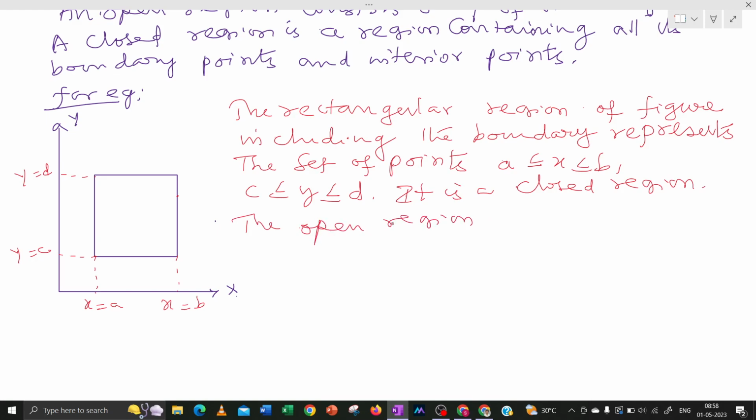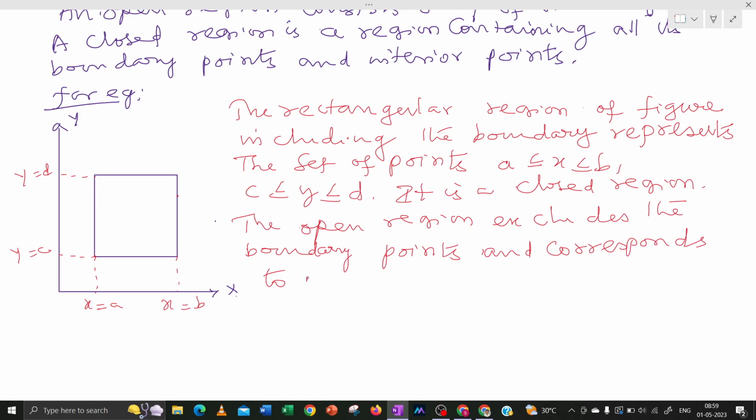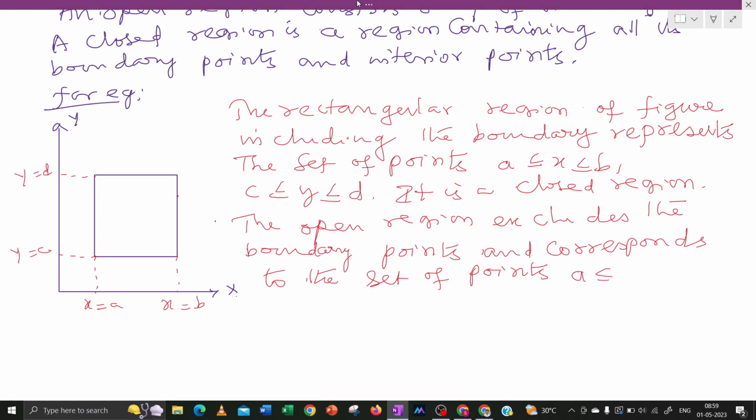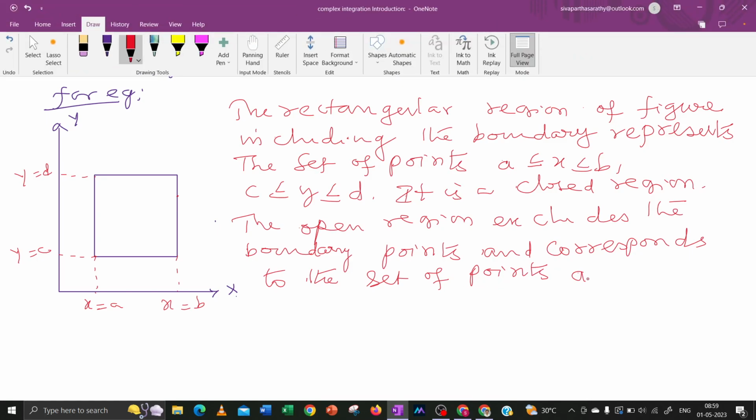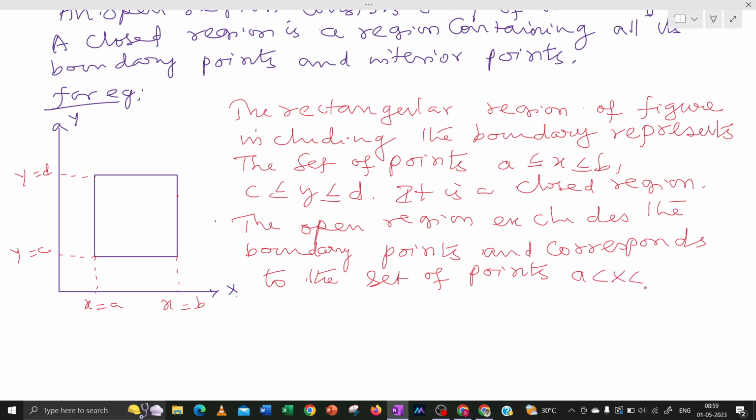The open region excludes the boundaries and corresponds to the set of points a less than x less than b, c less than y less than d, not less than or equal to, only less than.